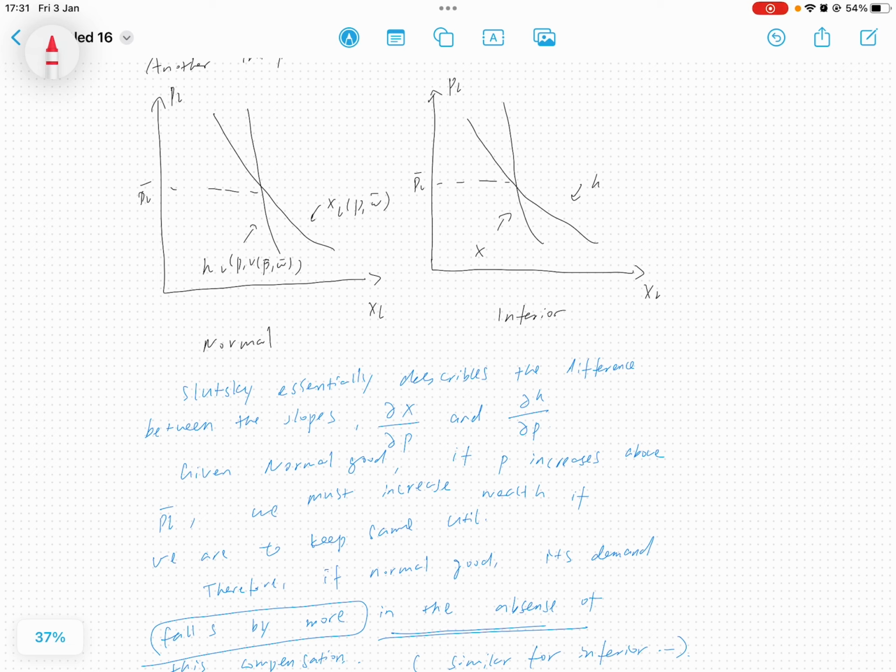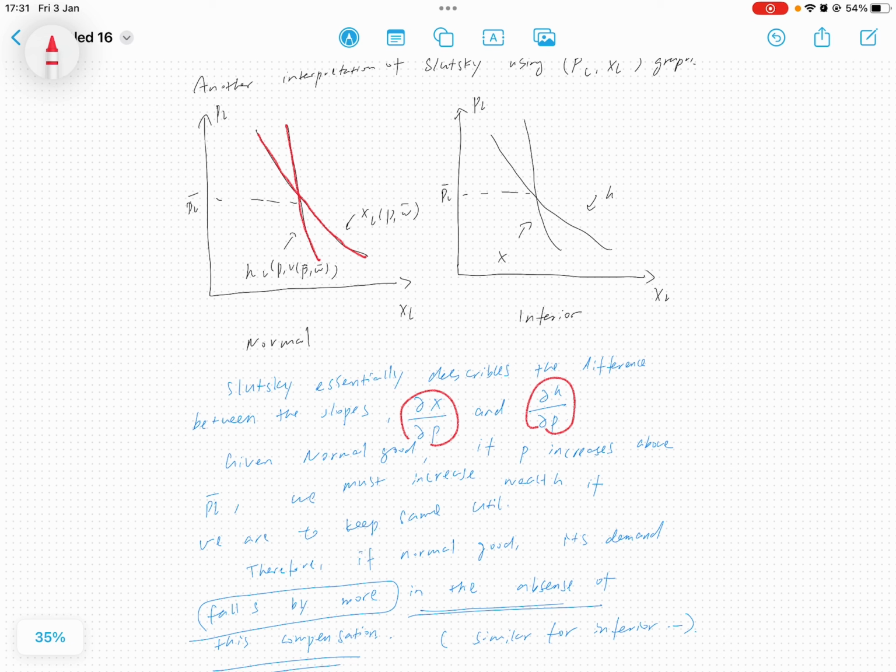Okay, so if we want this curve to be the Marshallian demand X, and this one to be the Hicksian demand H, the first figure essentially describes the difference between those two different slopes, which are the partial derivative of X with respect to P, or of H. Since on the left this is a normal good for X, if we increase this P above some level of P bar, we must increase the wealth if we want to keep the same level of utility.